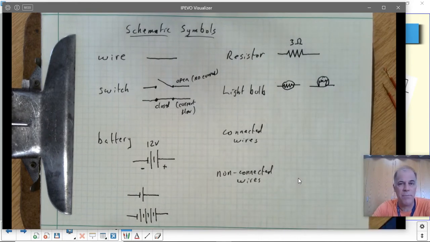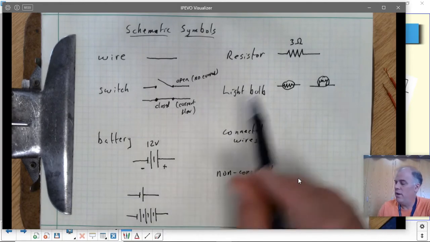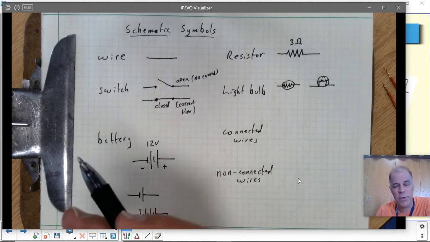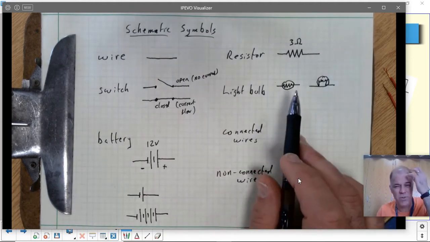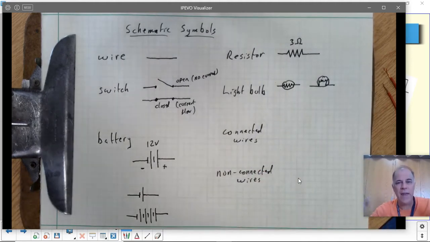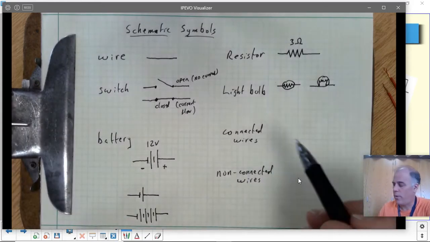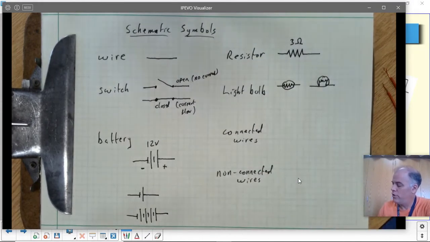So it looks a little bit like a light bulb. The circuits that we're going to be working with for the most part in this unit will just use resistors, but sometimes it is useful to think of a resistor as a light bulb because you know that it's emitting energy into the room. It's emitting light. Energy is leaving the thing. It's warm. It's going to emit heat into the surroundings. So, resistors and light bulbs.